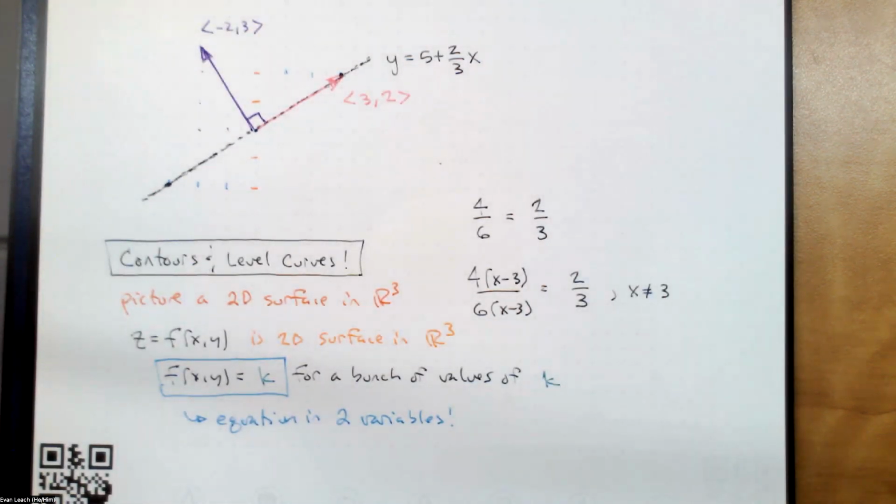We'll have a bunch of equations in two variables for different values of k. And an equation in two variables will be a one-dimensional curve in R2.